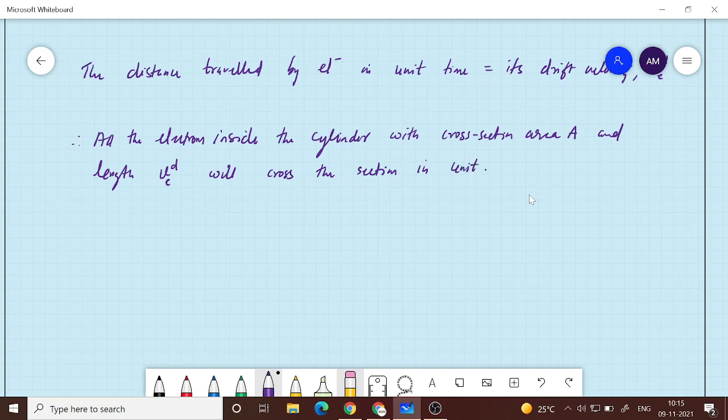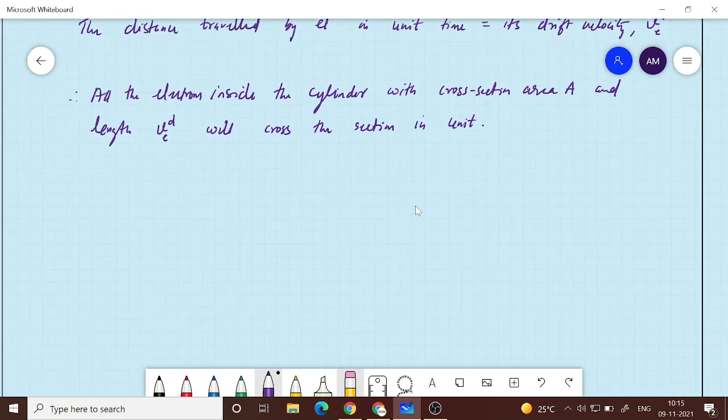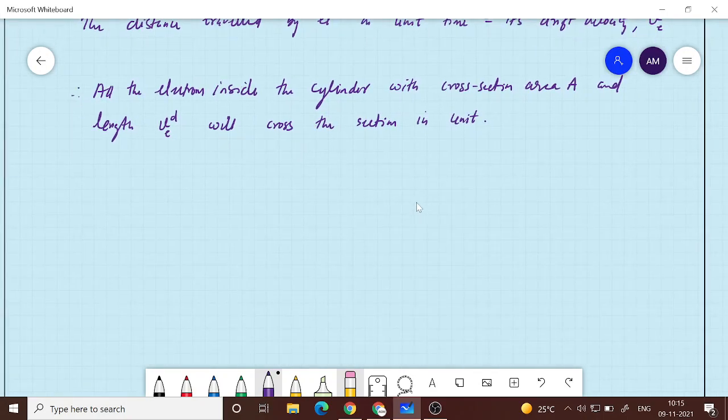Okay, so we are almost near to understanding the value of current or current density.